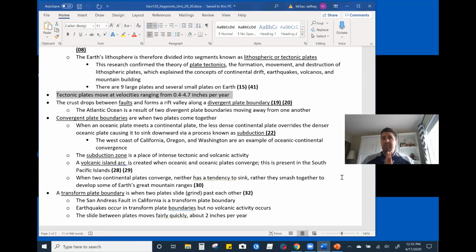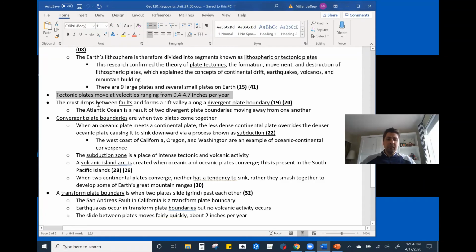So somewhere on the surface of the Earth could technically have moved 5 inches from one year to the next. Now, we're talking about the extreme ends of the spectrum there. And like I said, different parts of the world shift differently, right? Different plates have different velocities than others.